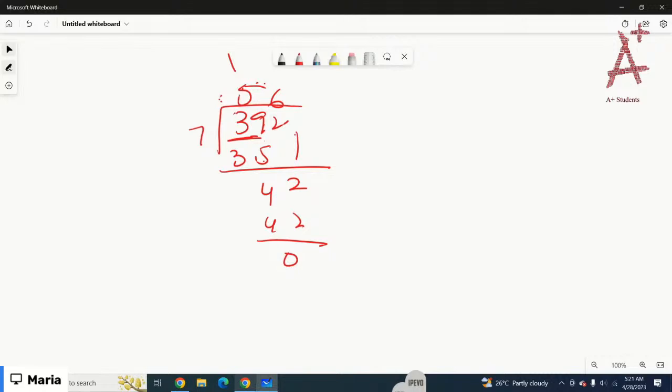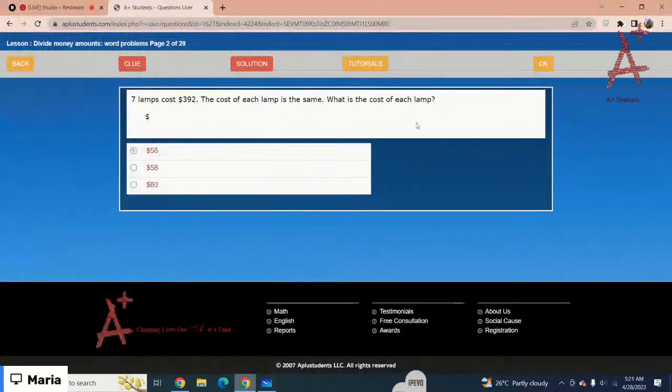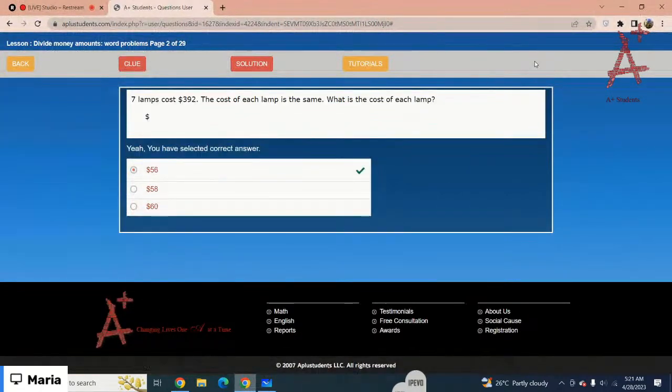That means each lamp costs $56. Got it? The correct option is $56.